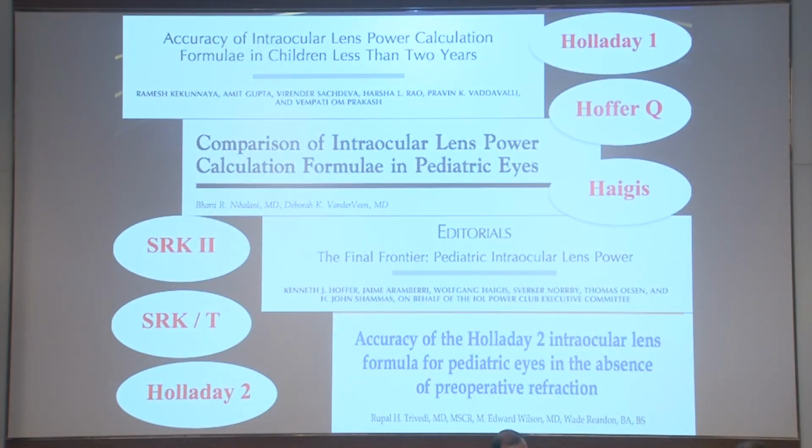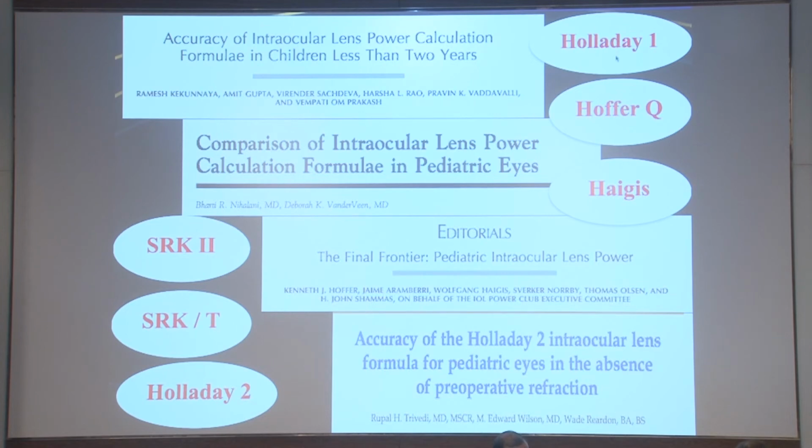Coming to the formulas, in most of the presentations that we heard so far, it's now sort of universal that the Barrett Universal formula works well across all ranges, across all different types. In children, there is no consensus, and therefore you see several publications, and each has their own recommendation.